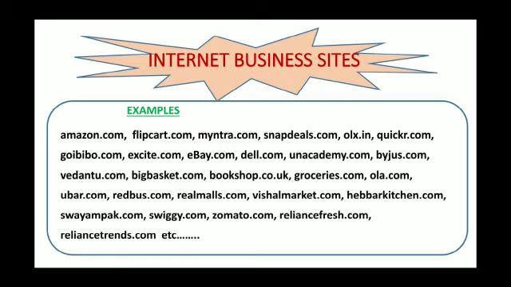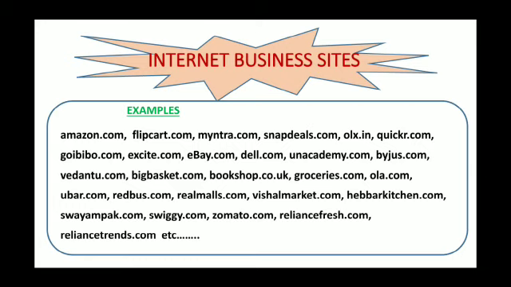And for purchasing any vegetables, fruits, everything, bigbasket.com is there. And to learn how to prepare dishes, Hebbar's Kitchen is there, Swayam Paaka is there. And to order food sitting at home, you have Swiggy, Zomato. And to order groceries, vegetables, fruits, everything, Reliance Fresh is there.